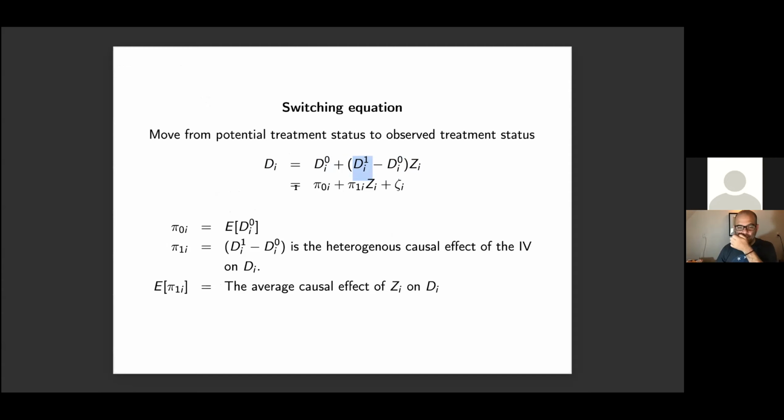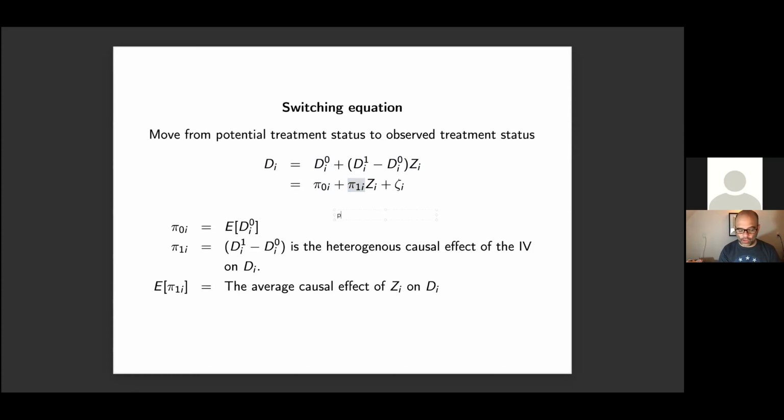Okay. And then we have here just a regression equation corresponding to this sort of switching, where this pi term is the average in a regression. It's the average treatment status had you not been given an instrument of 1. And if you were given an instrument of 1, pi 1 is the causal effect right here.